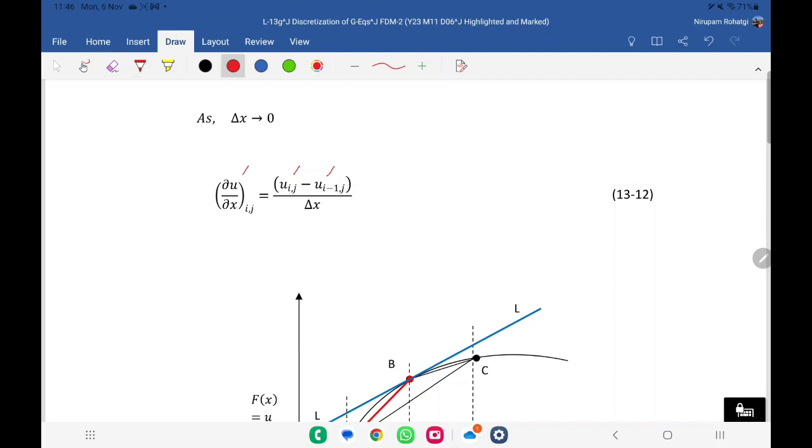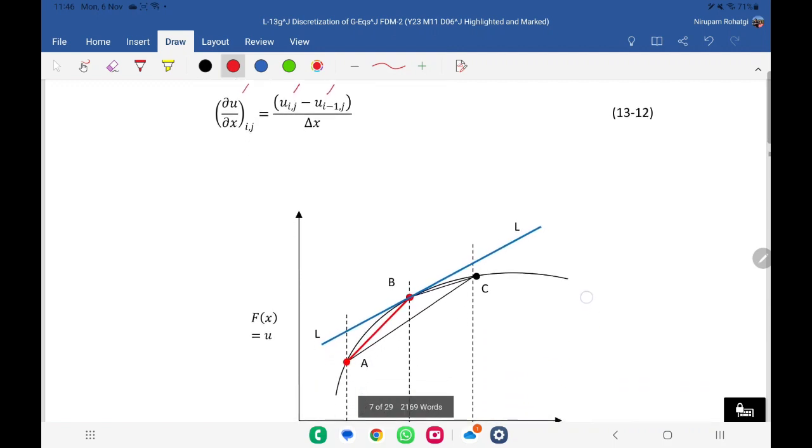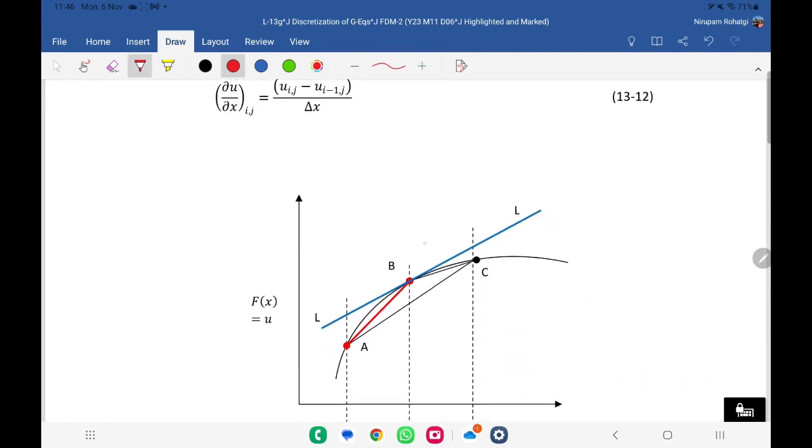Okay. So now what we are doing is, you are finding the derivative at point B in terms of these points A and B. This is your delta x and this is your delta y, or you can write delta u, or delta f, whatever you want to write.